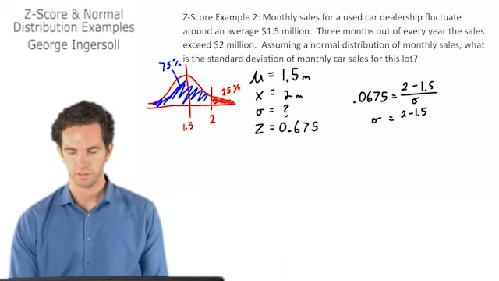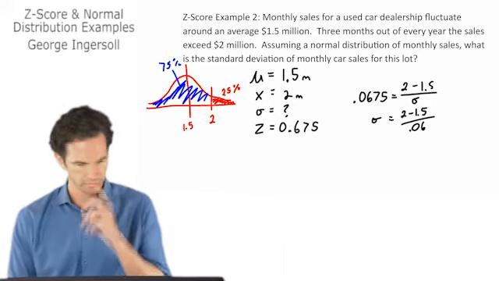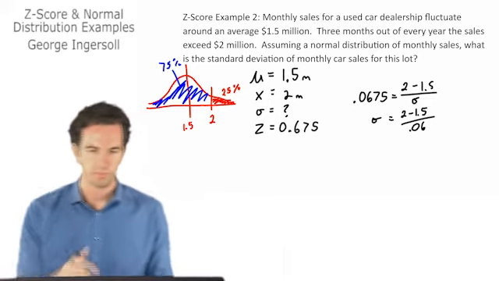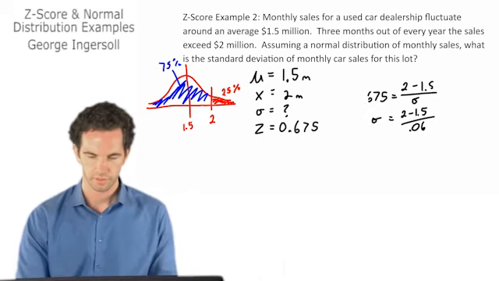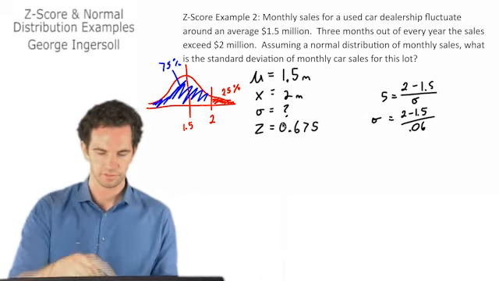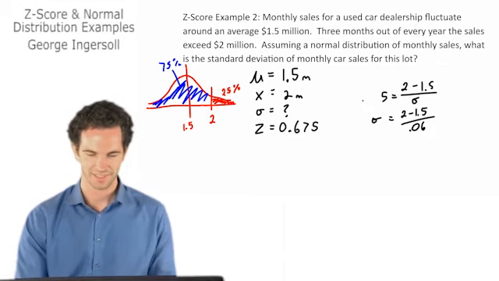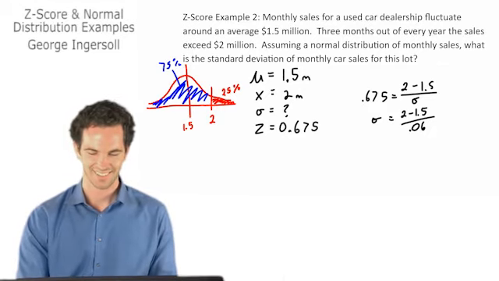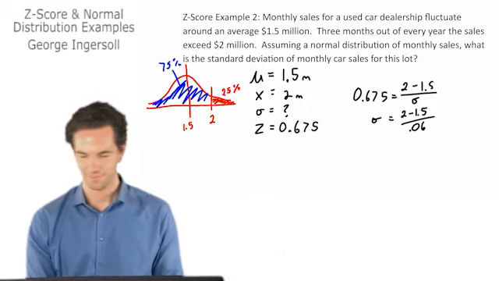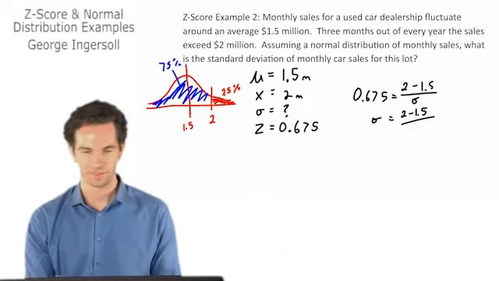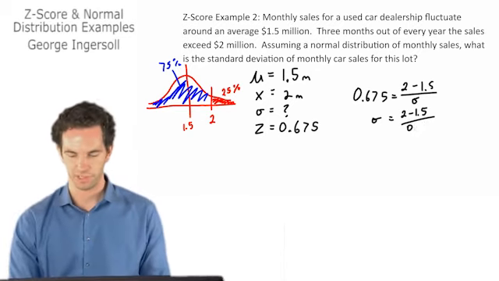Cross multiplying. Oh. Probably you all noticed what I did here. Oh, what a disaster. I think I can do this. Yeah, it's 0.675, not 0.0675.